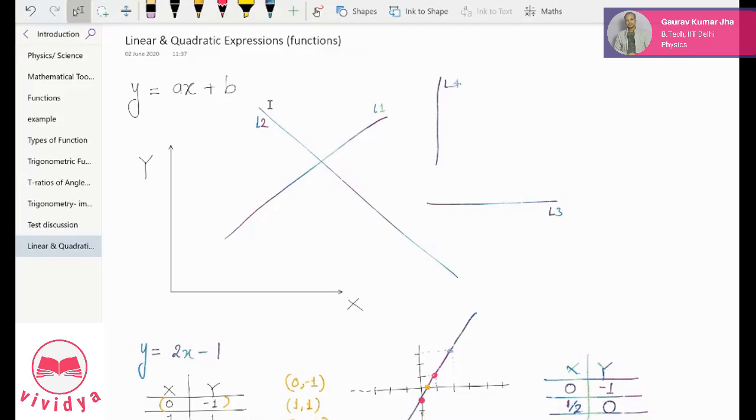How will the line look? Are there any special values of a and b? In this equation, whatever value of x I put, the value of y will change. But I want an equation where whatever value of x I put, the value of y is the same. It doesn't change.